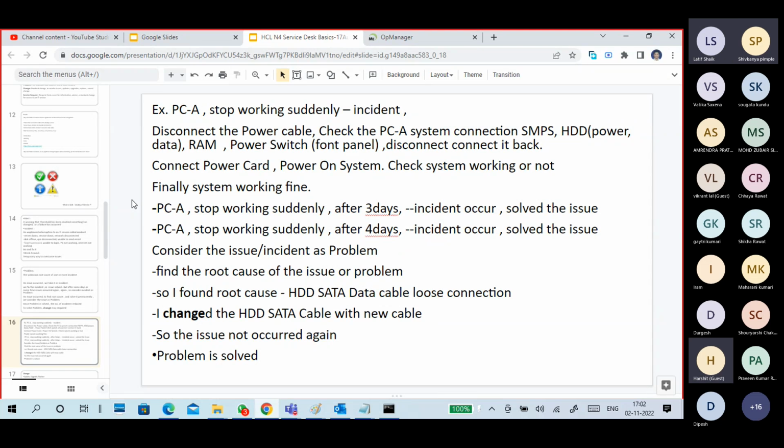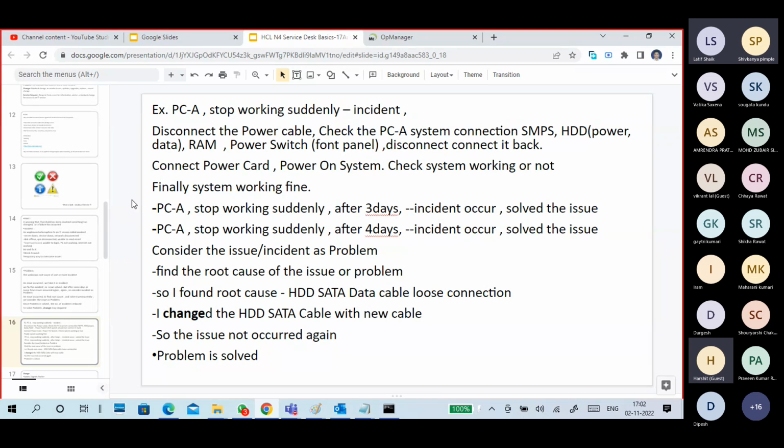So I went to find a new cable from our component availability list. I went through it, and a SATA cable was available. I took the cable and replaced the old cable with the new cable.